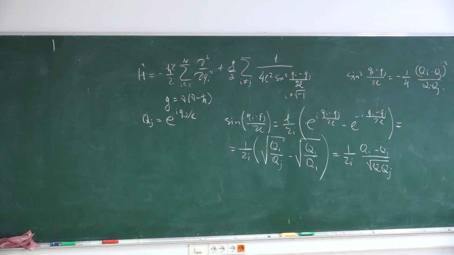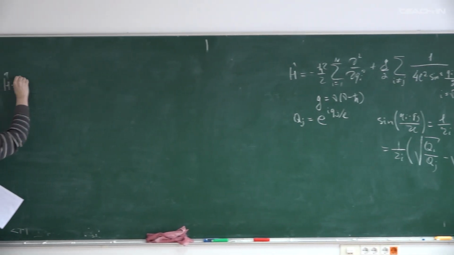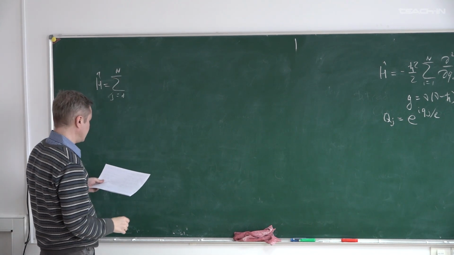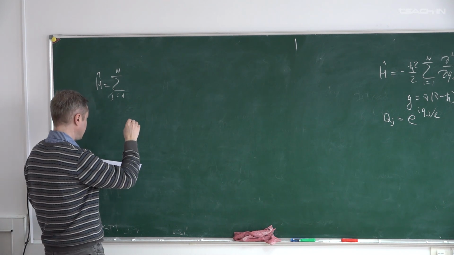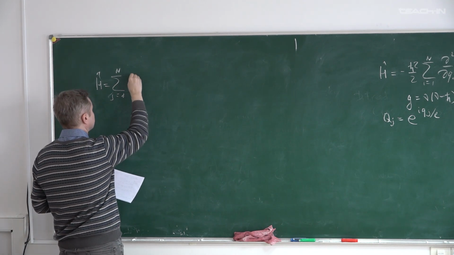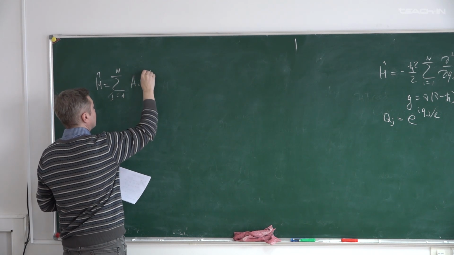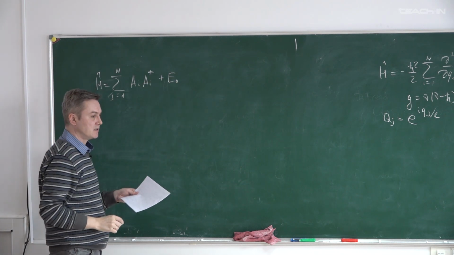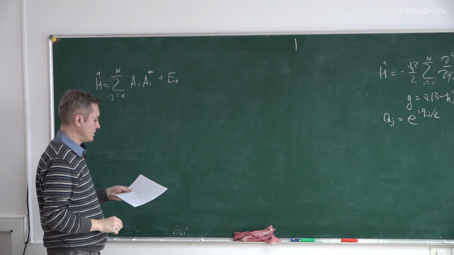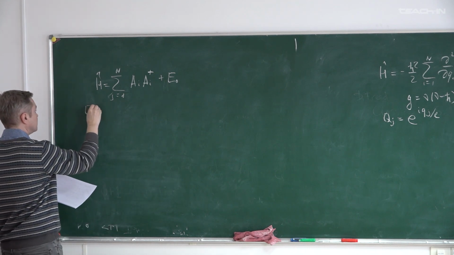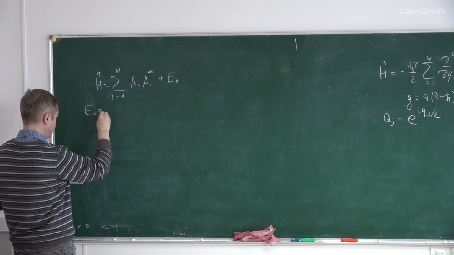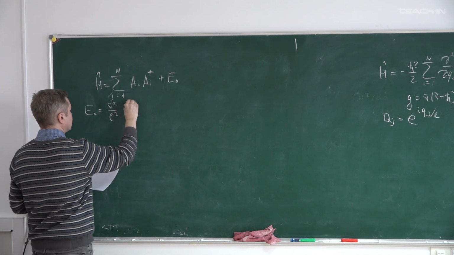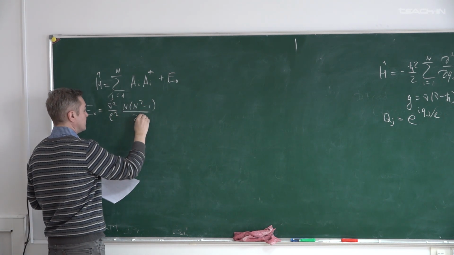First, we represent this Hamiltonian in the following way by using some kind of annihilation and creation operators, plus the energy of the ground state. And this ground state energy is equal to nu squared over L squared times (n squared minus 1) divided by 24.